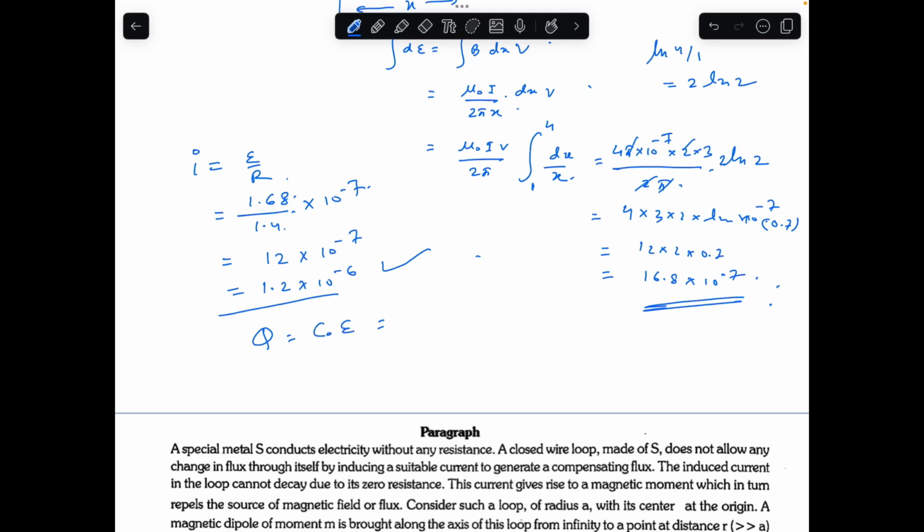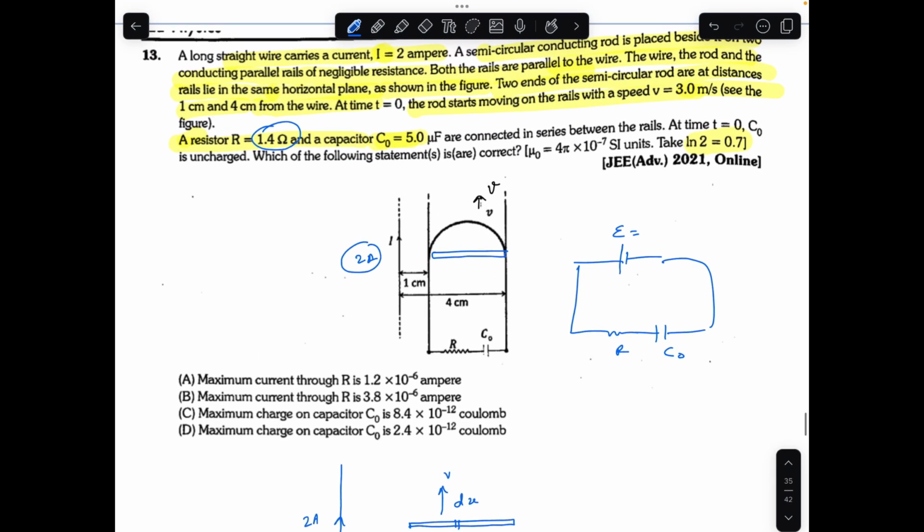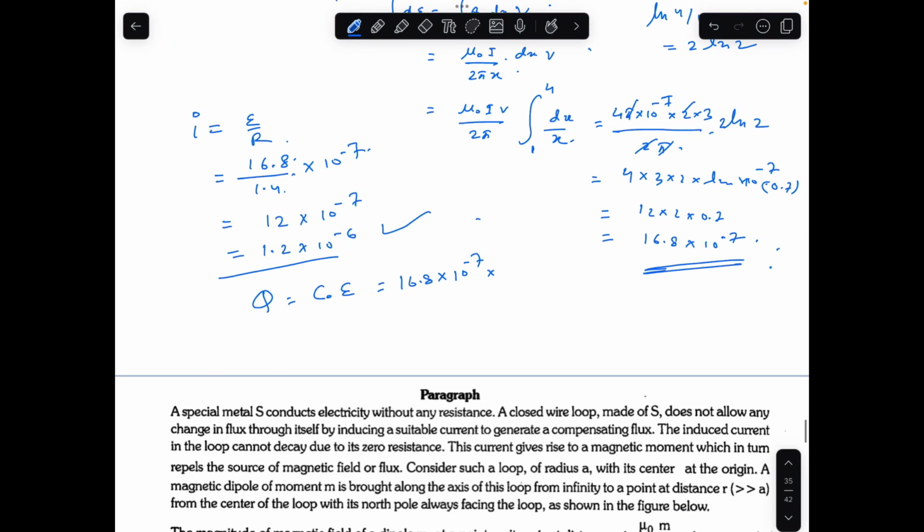Q is C₀ into E. So 1.68, no, 16.8, a little mistake I am making here, it will be 16.8, into 10 to the power minus 7, into 5 microfarad, 5 into 10 to the power minus 6.